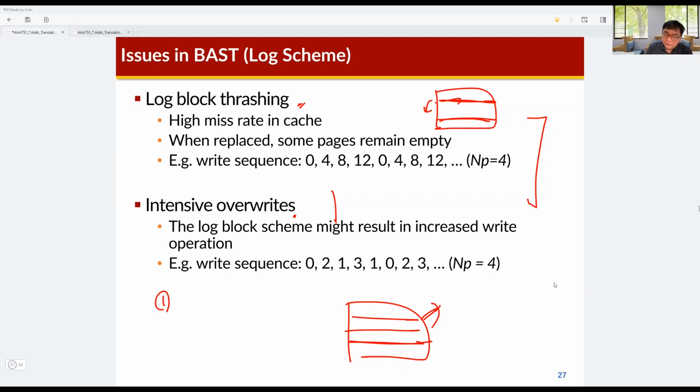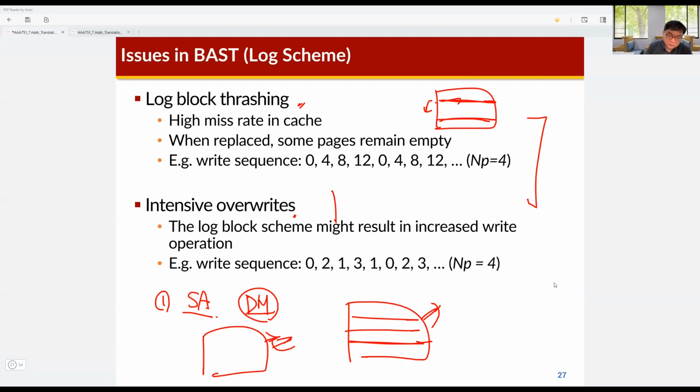So first, let's think about the set associative cache or direct mapped cache. What's the problem of set associative and direct mapped cache? The problem is that even though the cache has empty blocks, certain accesses to this cache cannot use these empty blocks.